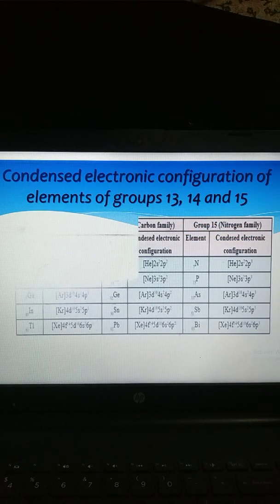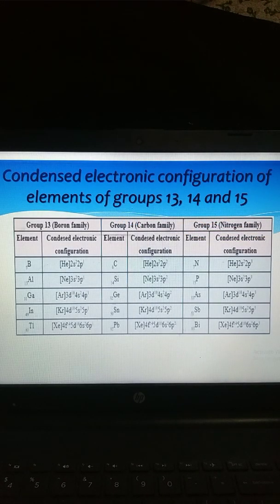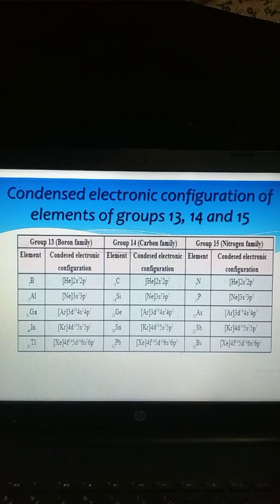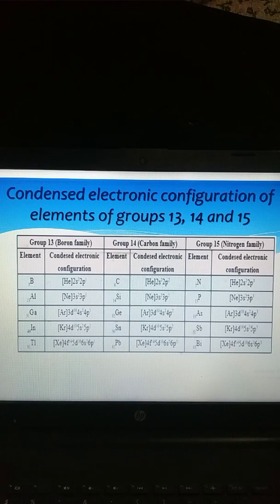Now the condensed electronic configuration of elements of groups 13, 14 and 15. What is meant by condensed electronic configuration? As mentioned before, we take the nearest inert gas and its electronic configuration.